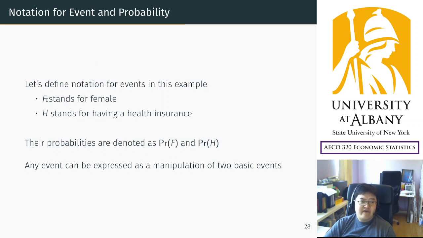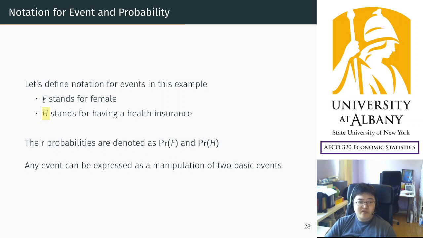One is F. I'm going to denote the event being female as F. And I'm going to denote having health insurance as H. So F and H are the notation for these events. They are the basic events for two variables, gender and health insurance. From them, it is most natural to define basic events in this way.